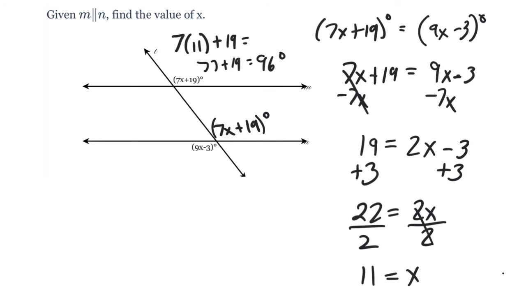If I say, okay, well, 9 times 11, then minus 3, 9 times 11 is 99, minus 3 equals 96 degrees. So they're going to be the same.